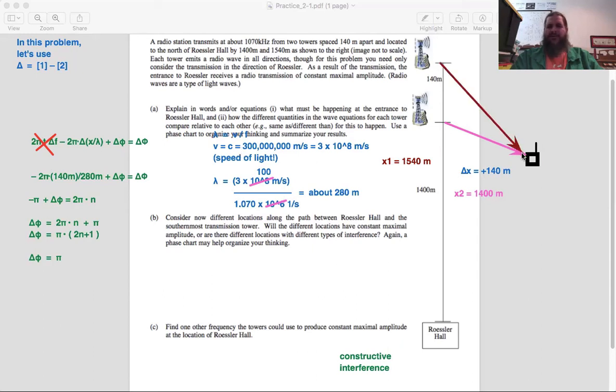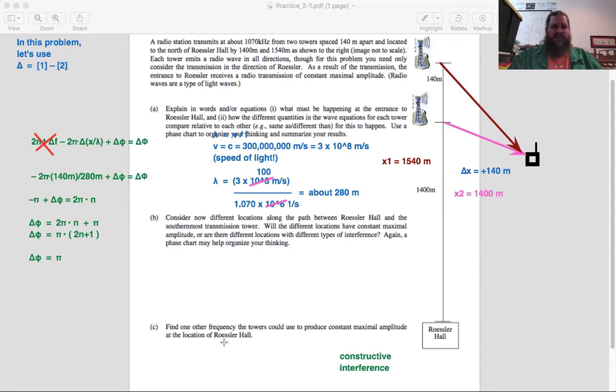So now we've got some different angles involved, and we need some trigonometry to figure out how different those paths are, or just measure it with a yardstick or something. But the fact that there's now this offset in angle means that it's not just a straight 140 meters again. So if you're off of that path, then things change. But as long as you're on that path, the difference is going to be 140 meters.